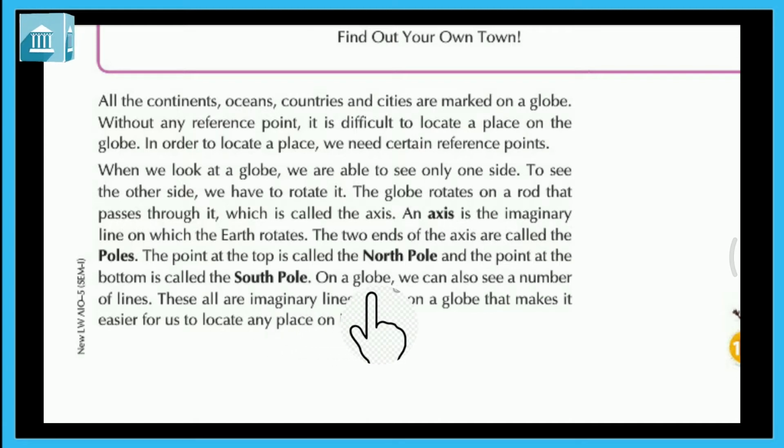On a globe, we can also see a number of lines. These are all imaginary lines drawn on a globe that make it easier for us to locate any place on it.